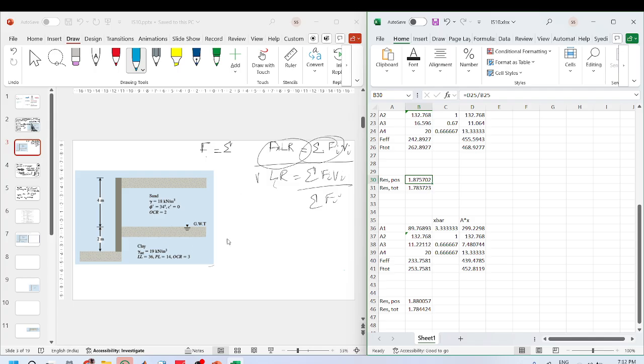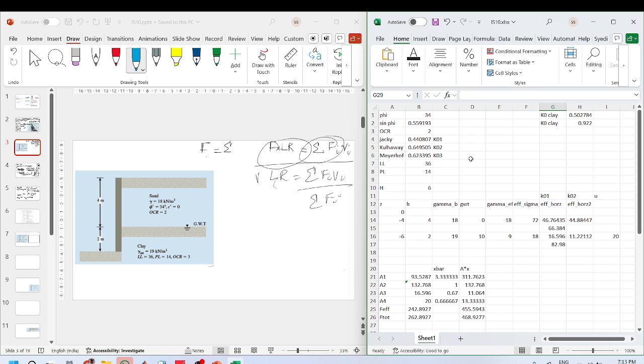But that is also because the OCR will always range between 2 and 3. It will not go much over that. When your OCR is 2, Meyerhof is raised to power 0.5, while Kulawy is OCR raised to power sine phi.